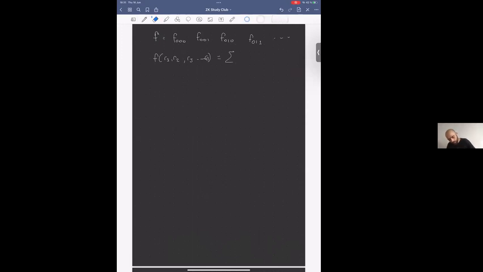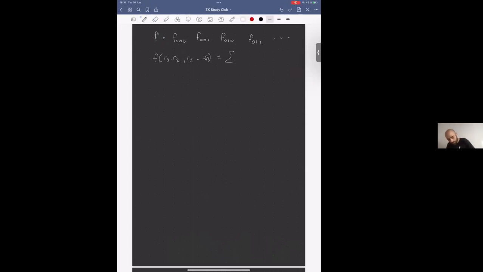Okay, so when you have a multivariate, when you have a vector, you have these coefficients that I can write as bits. So like this. Does it make sense? And when you ask for a multivariate evaluation, f evaluated in r1, r2, r3, and so on, until rn, you're essentially considering the sum over i of all the bits.